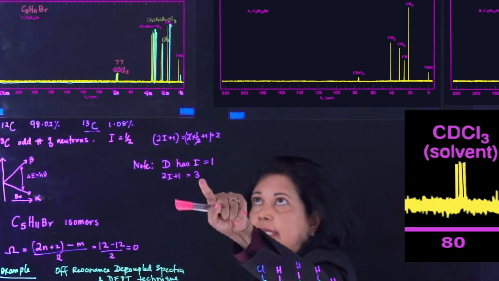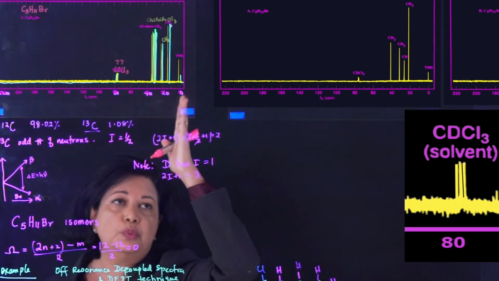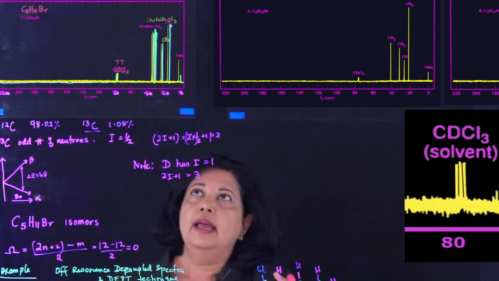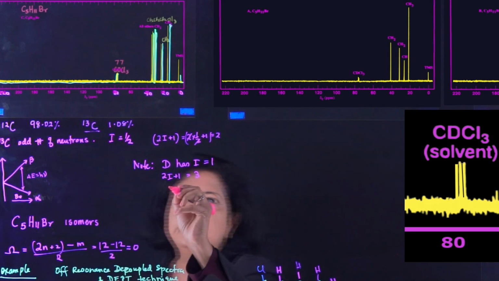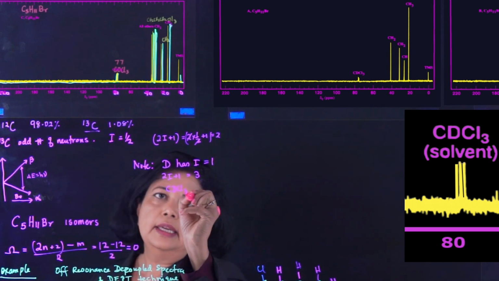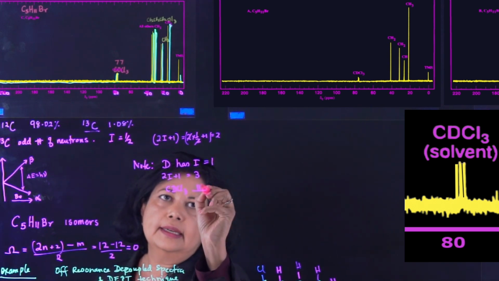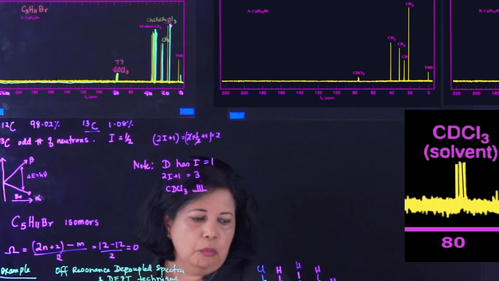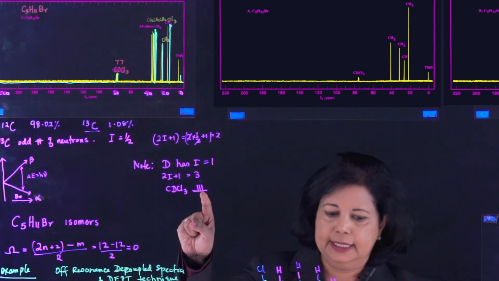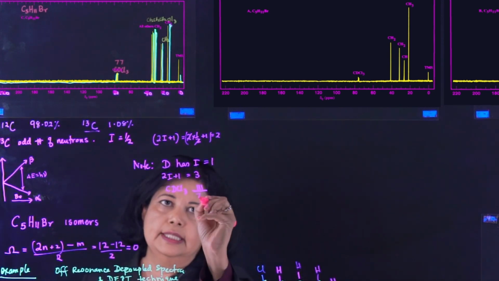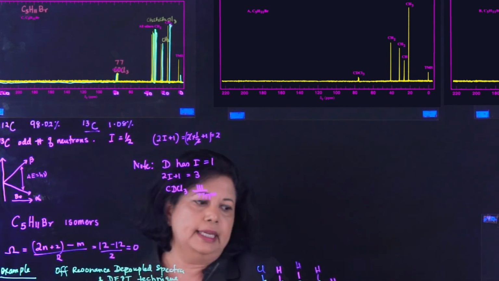So you can see 3 levels here, which is why you see those 3 lines. It's a lot more complicated than that, but that is why you see CDCl3 giving you a line like that. It's important because most of your spectra are run in CDCl3, and you would be seeing that at 77 ppm. So I'm just putting that as a note.